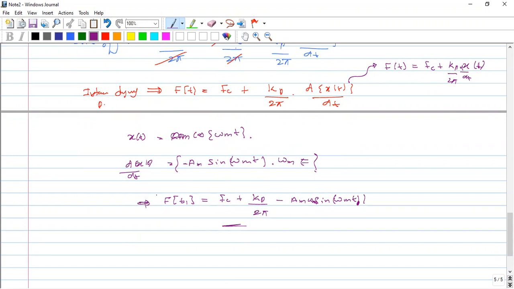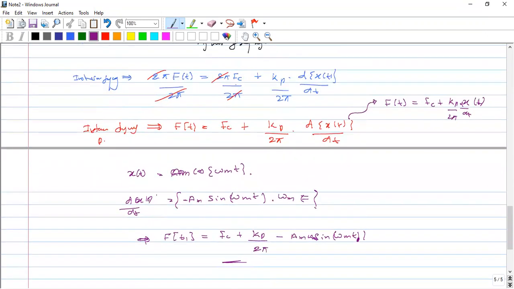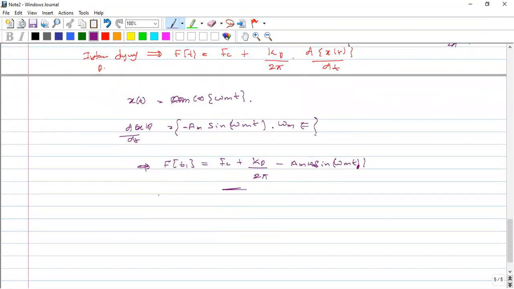I hope you get it, so please do it correctly. In our example, this fc is given, this kp is given, and this Am cos omega m t is also given. So you just have to apply the values here, then you can write it. I hope you can do this.